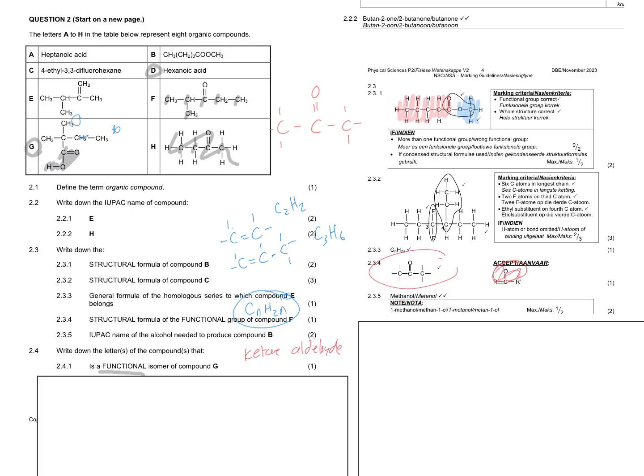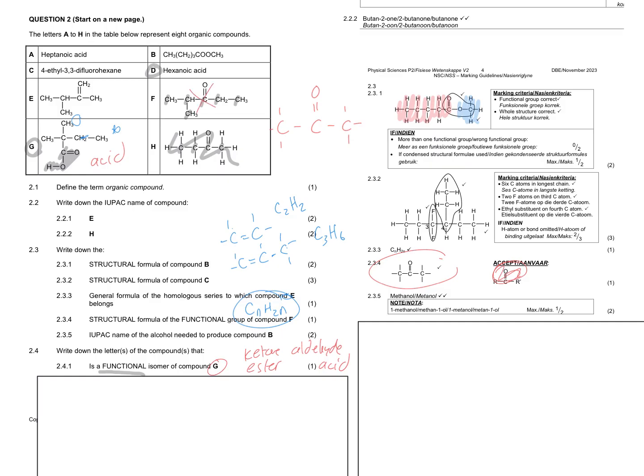A ketone is a functional isomer of an aldehyde, and an ester and an acid. An ester is a functional isomer of an acid, and an acid is a functional isomer of an ester. So G is an acid. This is not a functional isomer. That is a chain isomer, I think.